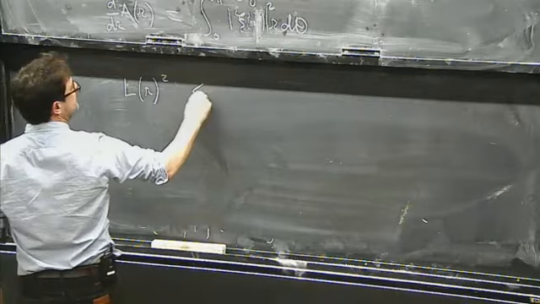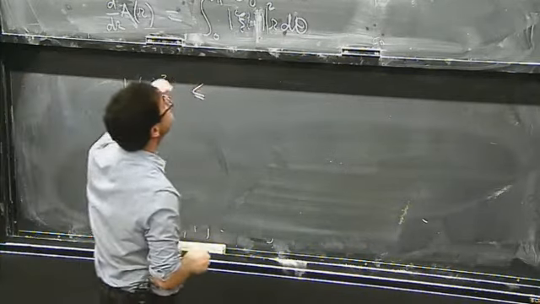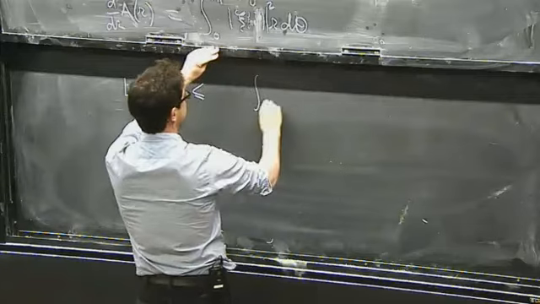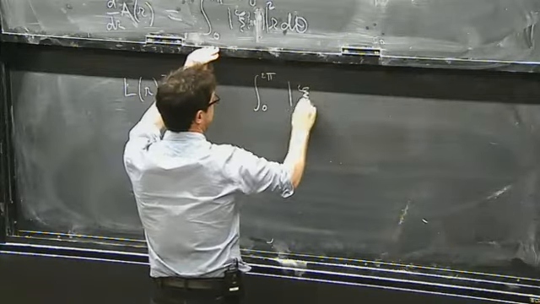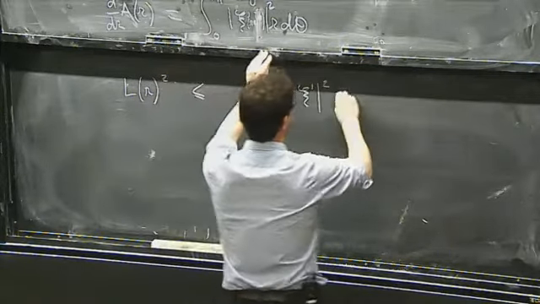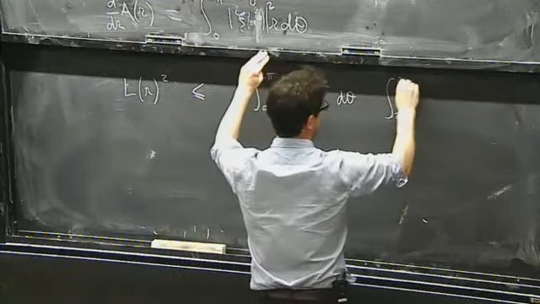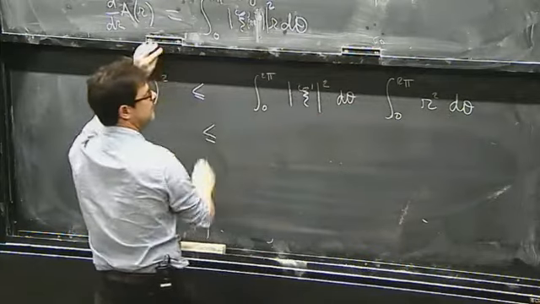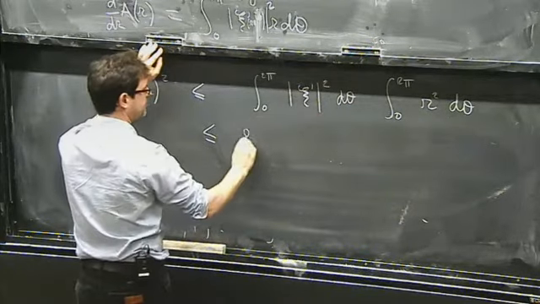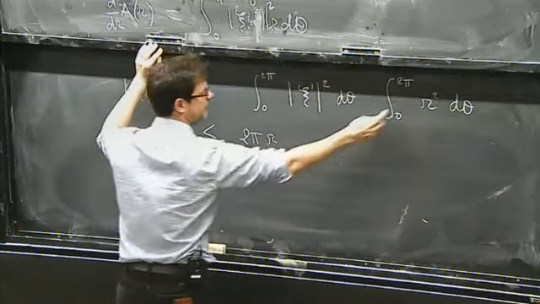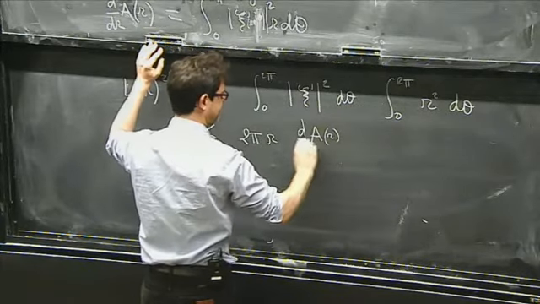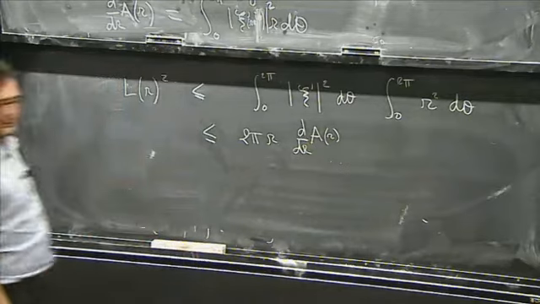is bounded from above by, so let's say, the integral 0 to pi, square, it's less than 2 pi r, and I put 1 r here. Okay.